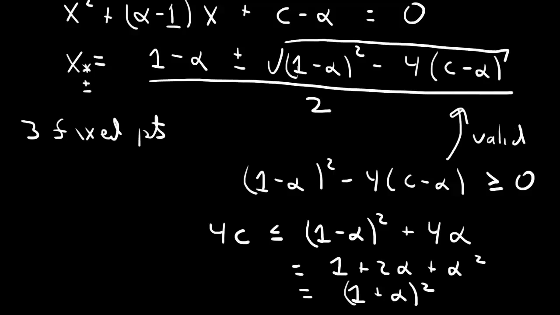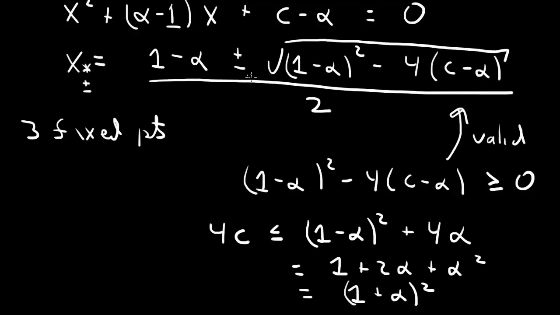And then x has to be greater than 0, right? The equilibrium has to be greater than 0. When is this greater than 0? Well, the plus root is always greater than 0, since alpha is smaller than 1. The minus root is only greater than 0 if this c minus alpha is positive.